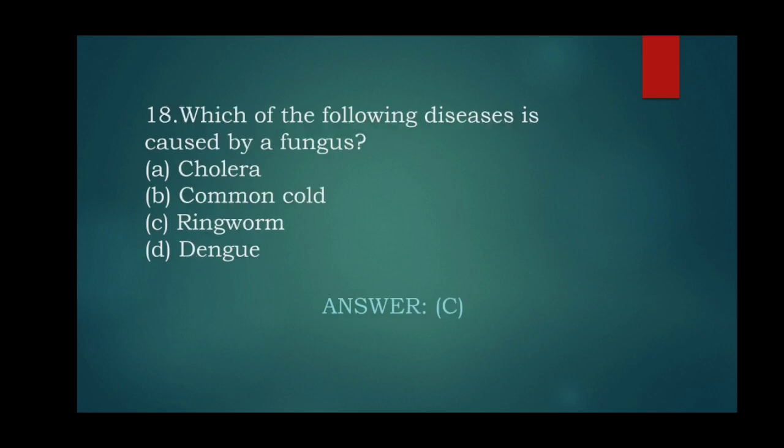Question number 18: which of the following diseases is caused by a fungus? The options are cholera, common cold, ringworm, dengue. The others are viral or bacterial diseases, so the correct option is option C, ringworm.